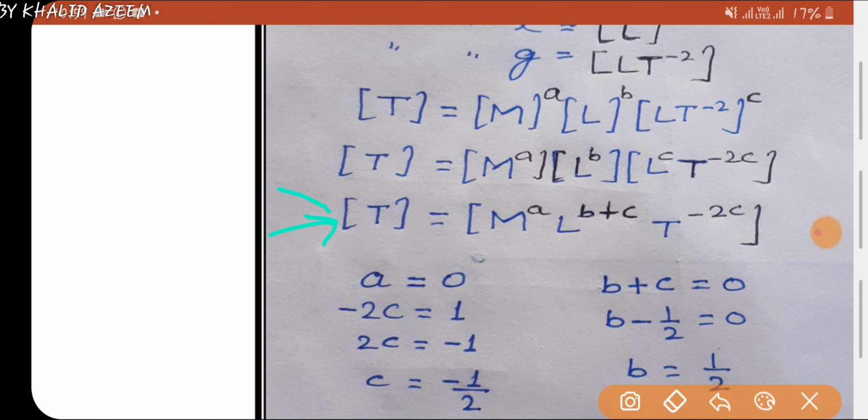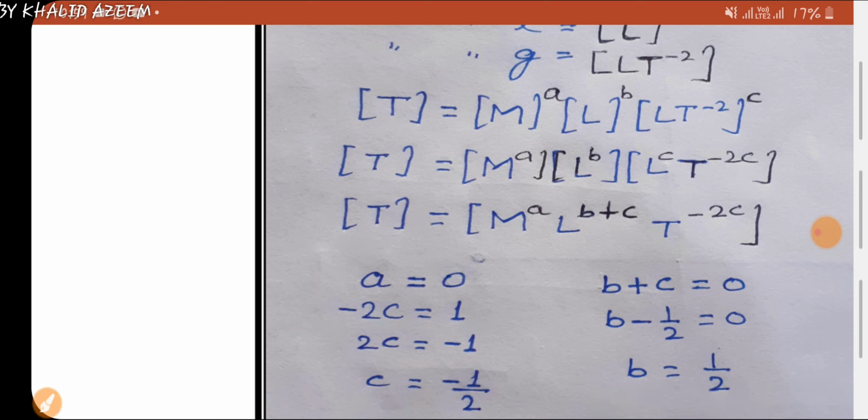Similarly, here the power of T is minus 2c, and here we can see the power of T is 1. So it means minus 2c will be equal to 1, and that gives us c equals minus 1 upon 2.